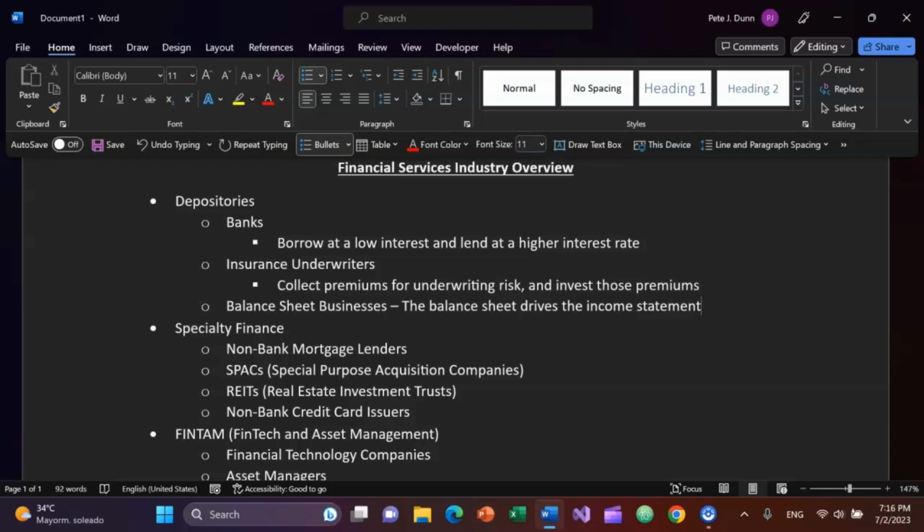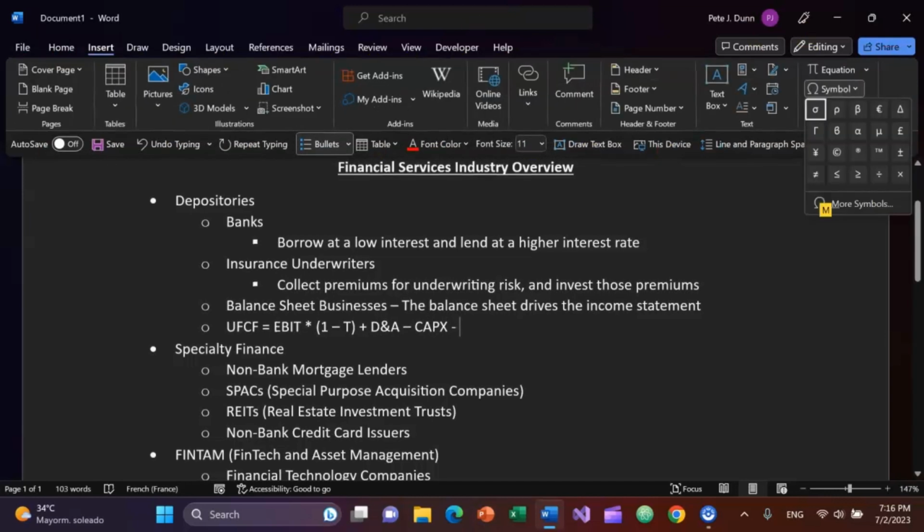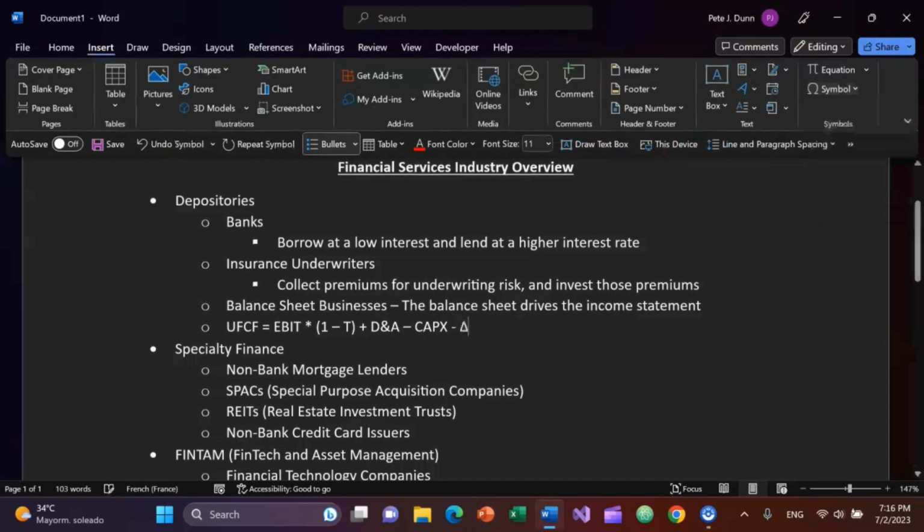The key thing to know here is, let's think about your unlevered free cash flow formula, which is EBIT times 1 minus tax rate plus depreciation and amortization minus CapEx minus, let's see if I can find the delta symbol, change in WC, which is working capital.